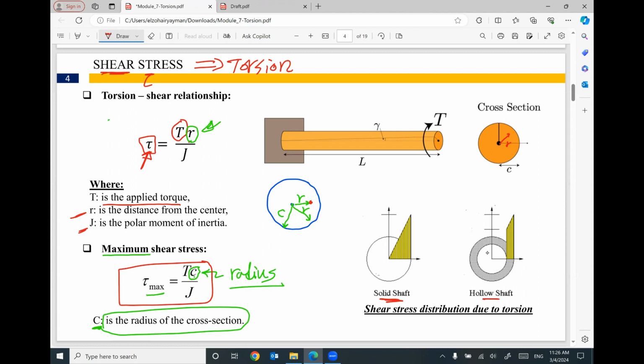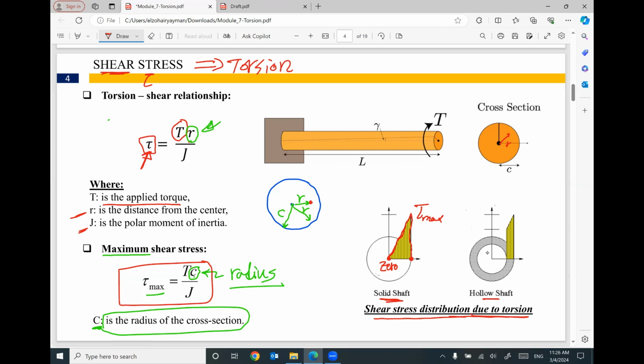So this shear stress distribution, if you look at it for the solid shaft, at the center will be 0. At the outer circumference will be the maximum, tau maximum. And then we will have a linear distribution between the two values: 0 at the center and the maximum at the outer circumference.